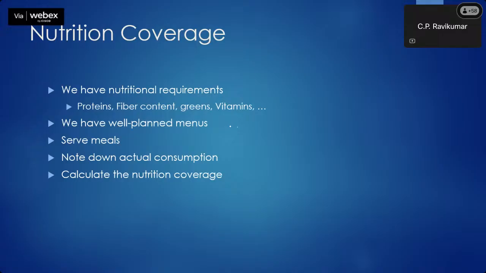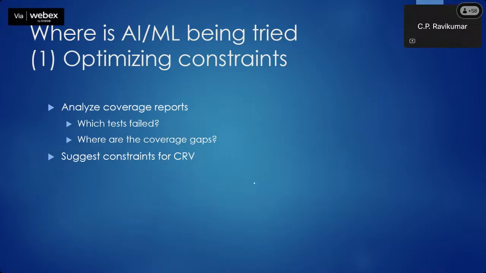See, you can imagine how complicated that is, right? And at the end, we can give a coverage as to whether this person got his daily requirement of nutrition or not, suppose you have to give a report, right? So that is what this verification is trying to achieve. Okay?